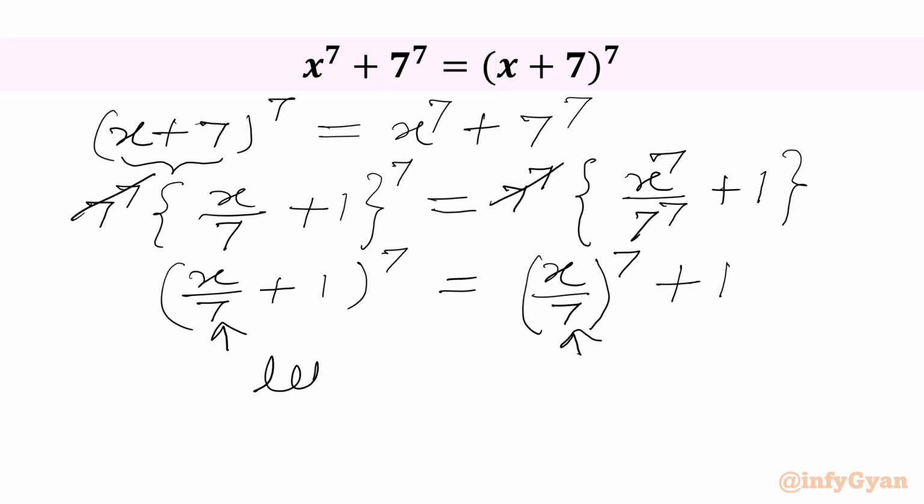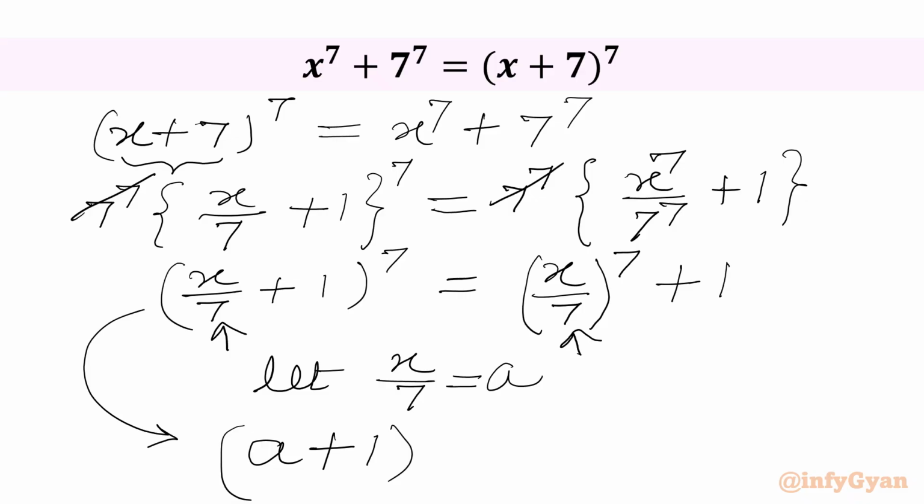So better is to consider x/7 equal to a. So our equation will be in variable a. I will write (a + 1)^7 equal to a^7 + 1.